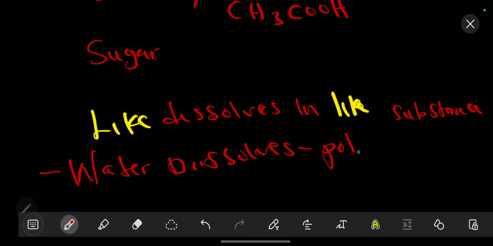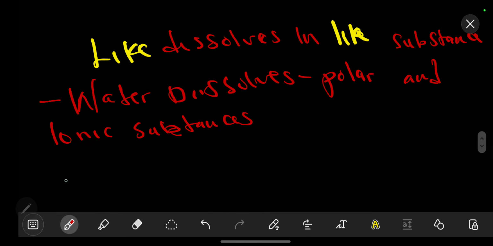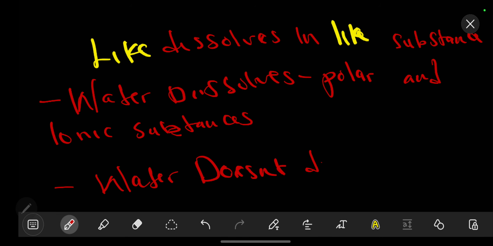It dissolves polar, which we have talked about, and ionic substances. The substances that water does not dissolve: water doesn't dissolve non-polar substances.